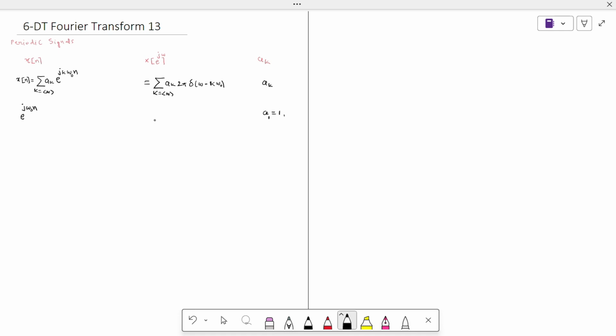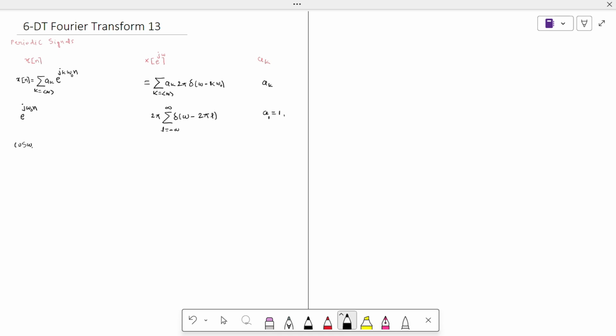So for that, with a1 equal to 1, 2 pi delta of omega minus omega naught, which in general is the sum, a pulse train, of delta of omega minus omega naught minus 2 pi L, with L from minus infinity to plus infinity.